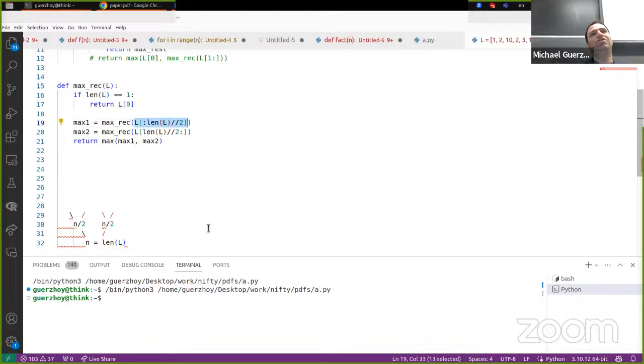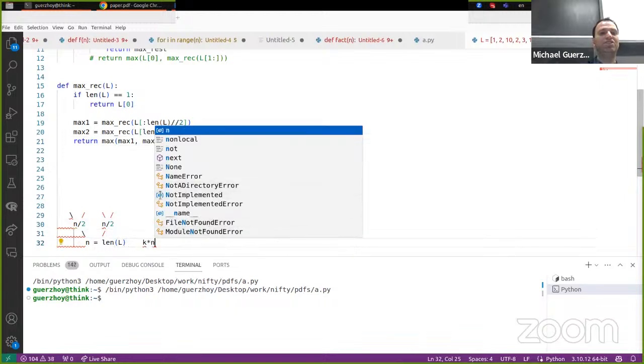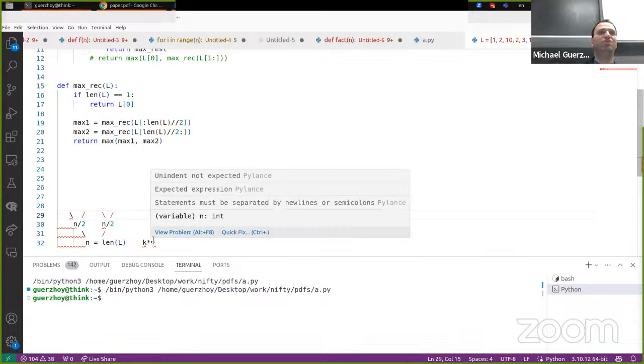This operation is creating a new list of length n over 2, and creating a new list of length n over 2 does take time that's proportional to n over 2. And this is also creating a list of length n over 2, also proportional to n over 2. So this takes k times n because you're creating two lists of length n over 2.